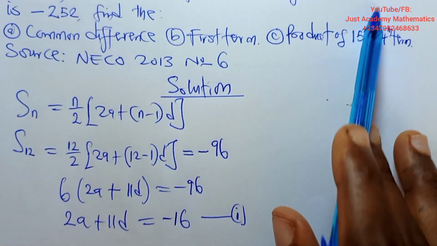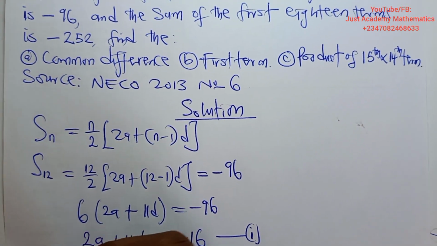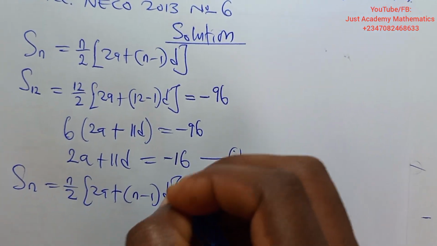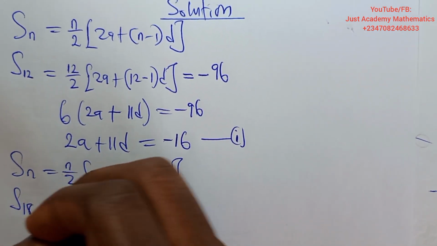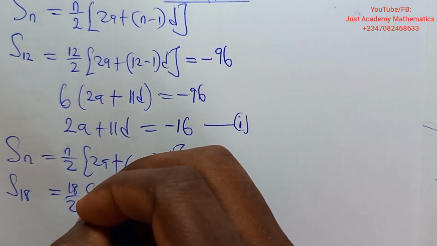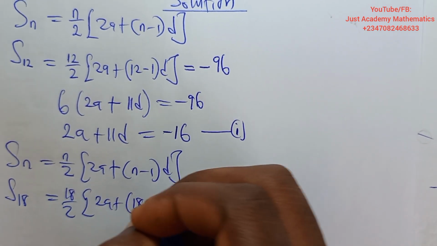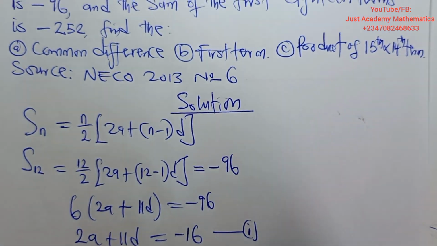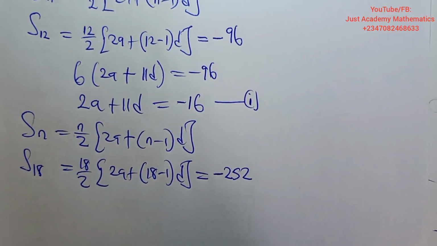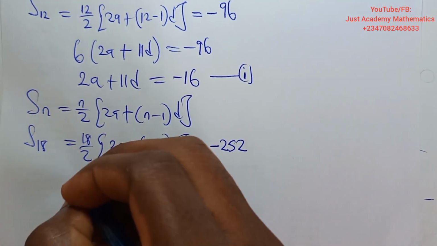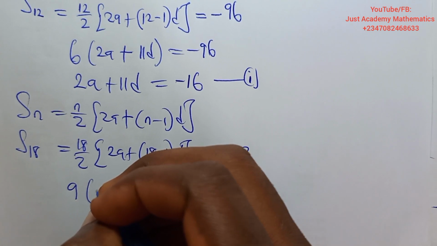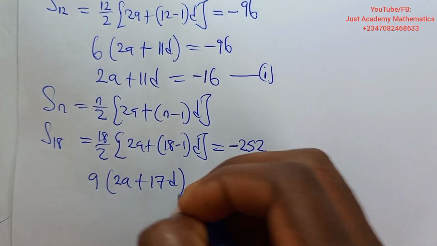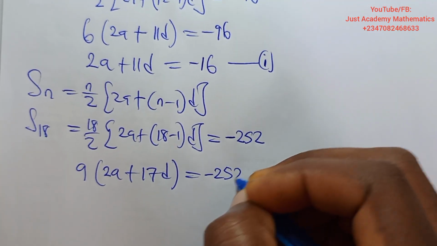Then we do the same thing for the second statement, the sum of the first 18, using the same sum formula. For the first 18, the sum of 18 is 18 over 2 bracket 2a plus 18 minus 1 d, which is equal to minus 252.